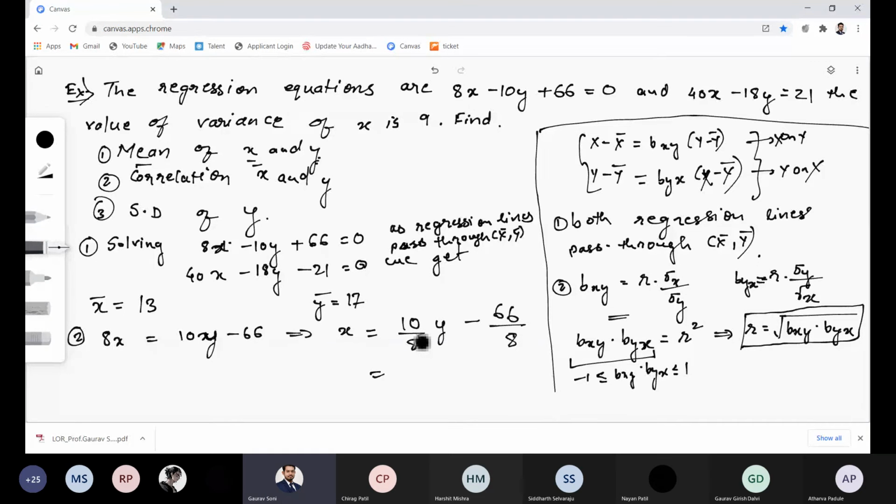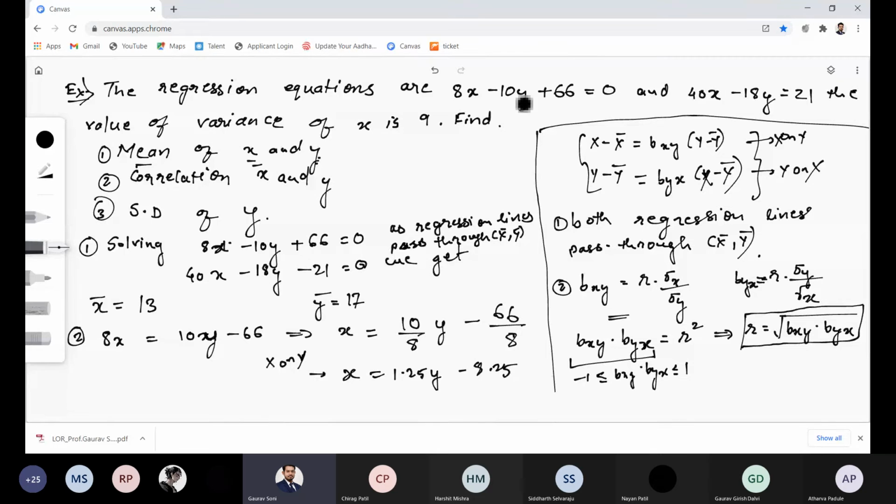What is the value of 10 by 8? That will be 1.25 minus 8.25. So this is x on y, my choice of x on y.